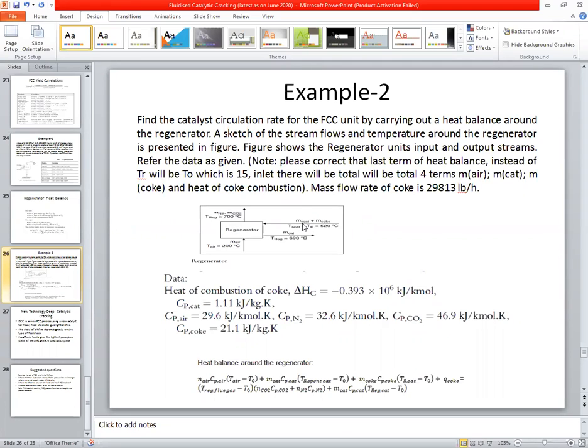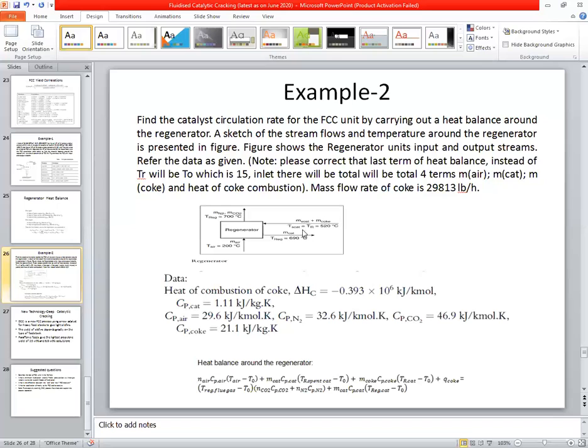MS, S stands for spent catalyst, and M coke is the mass of coke. Here, all of these you have to consider as rates: the mass flow rate of spent catalyst and the mass flow rate of coke, entering the regenerator for regenerating.